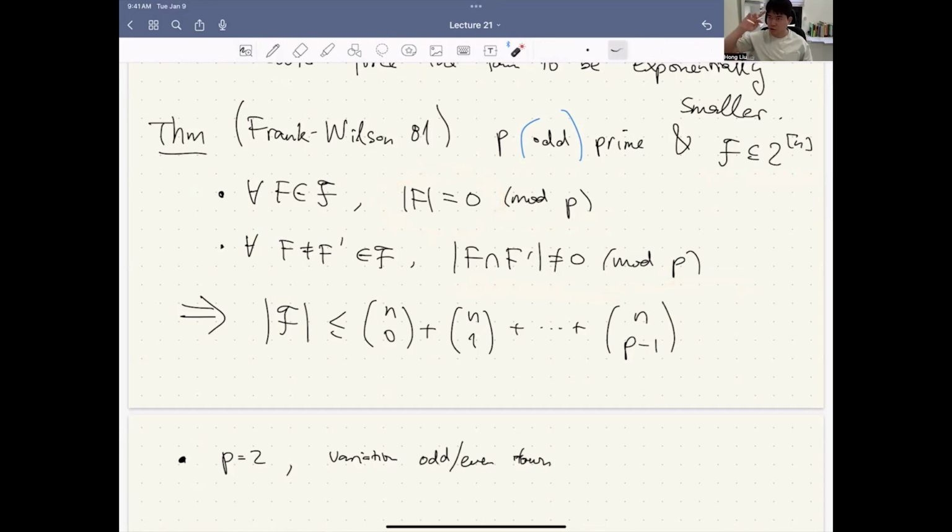It's like you swap the role of odd and even. Then the bound you get for P equal to 2, you just have the first two terms. It's n plus 1. So not so far from the tight answer, fairly close. You get at most n plus 1. Fairly tight. Fairly close to truth.